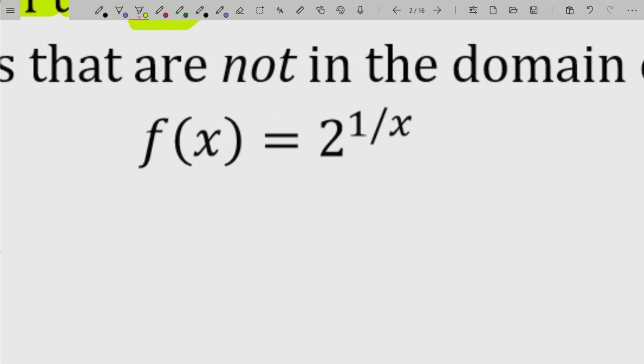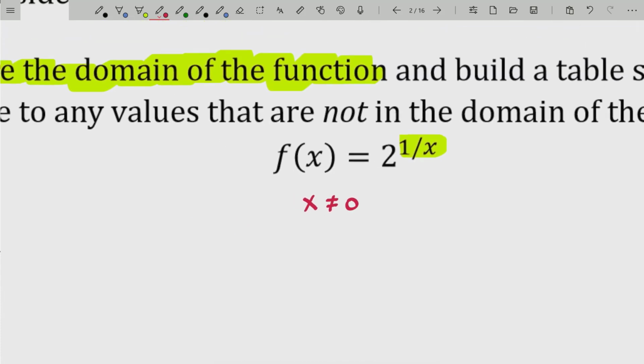However, your power is actually a rational function. And that means that it has a denominator, and that means that denominator should never be 0. So I already see a domain issue: x should not ever be 0. So the true domain of this function f is all real numbers not equal to 0.